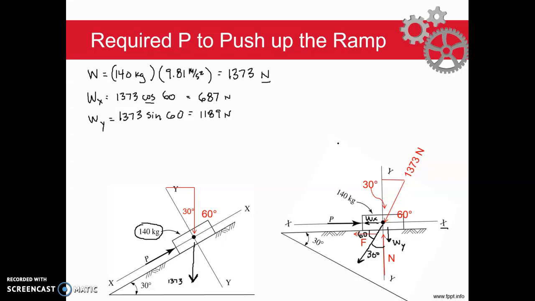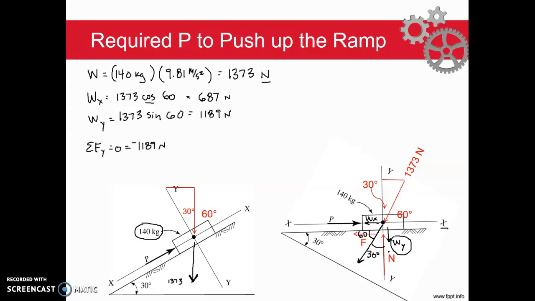and the y component, the vertical component, 1189 newtons. Okay, so if I look in the vertical direction, the sum of forces in the y direction will equal 0. What are those forces? I have the y component of the weight. Okay, so I have 1189 newtons going down. What else do I have?